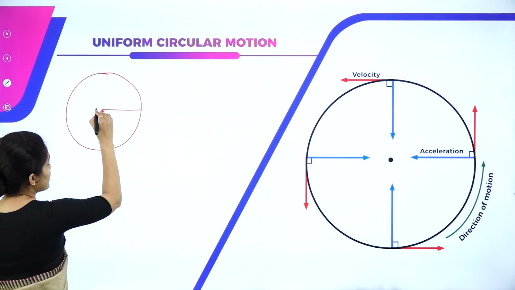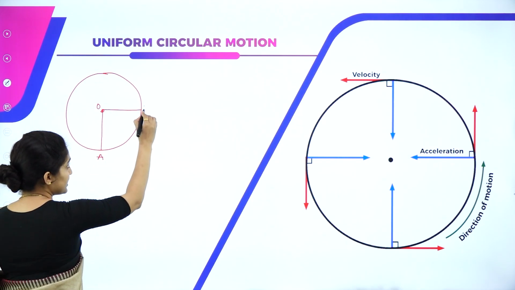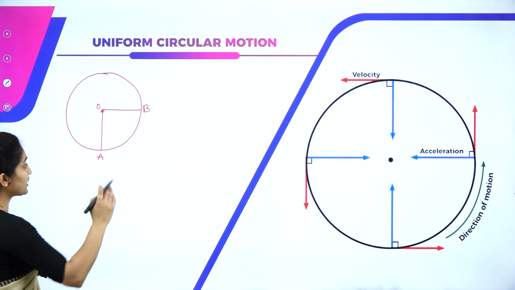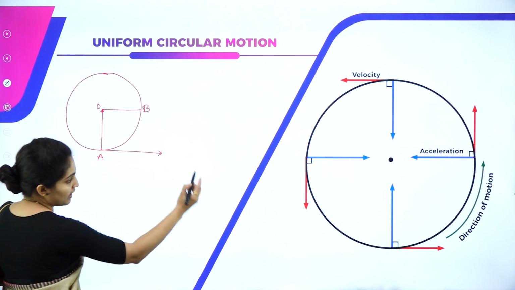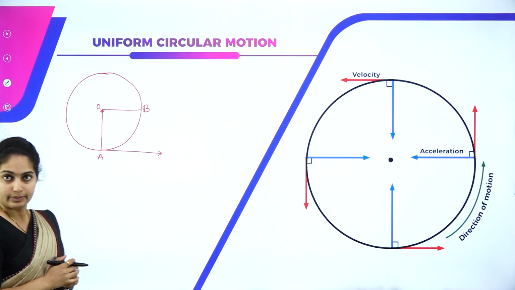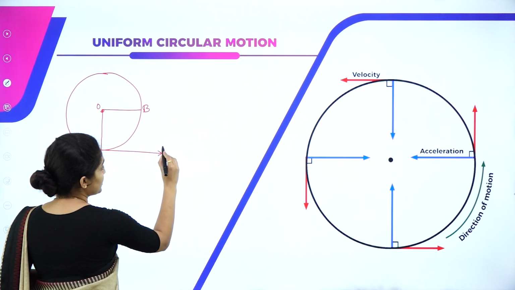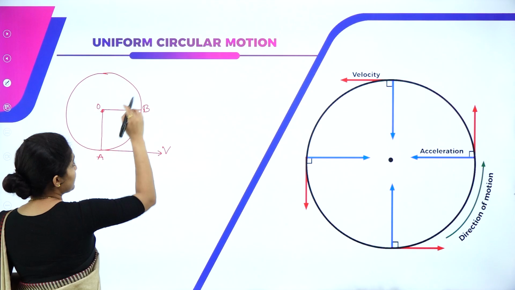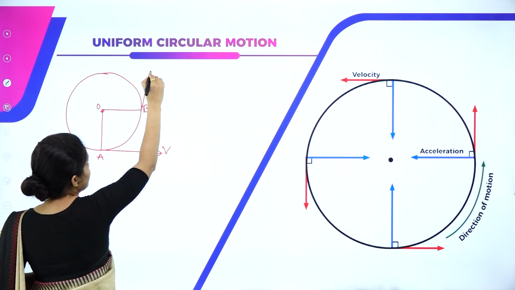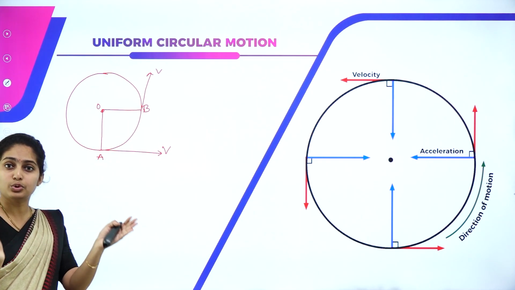Consider this as a point O or origin, this is a point A, and this is a point B. The velocity vector of point A is given in this manner; you can see a red line. This velocity can be given as just V. Another velocity acting with respect to this is also V. And this velocity is resolved into two components.